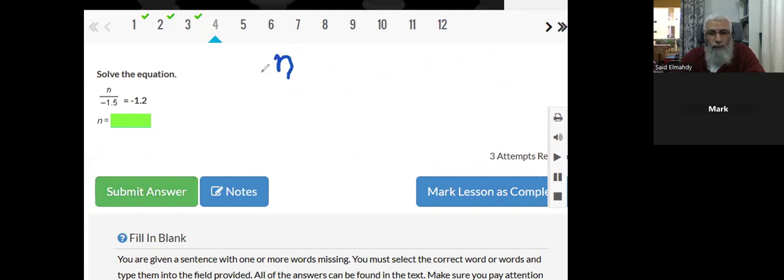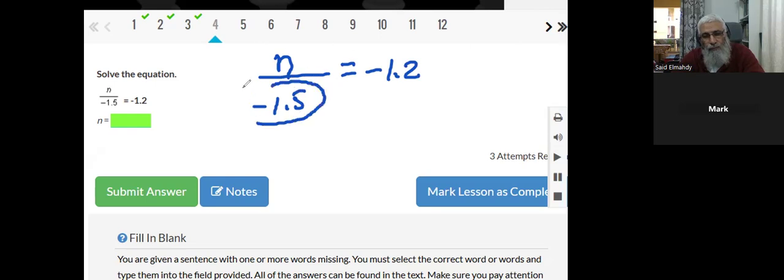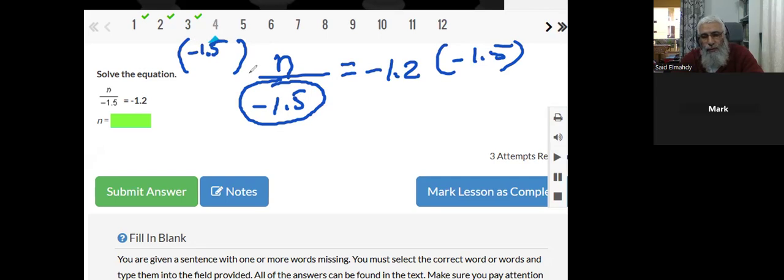n divided by negative 1.5 equals negative 1.2. How do we solve this? You multiply by negative 1.5 on both sides of the equation, because it is division and the opposite of division is multiplication.